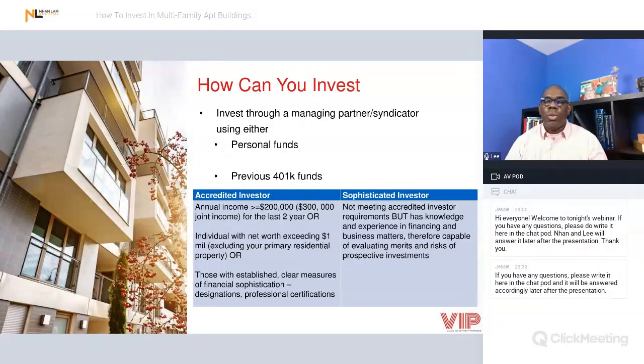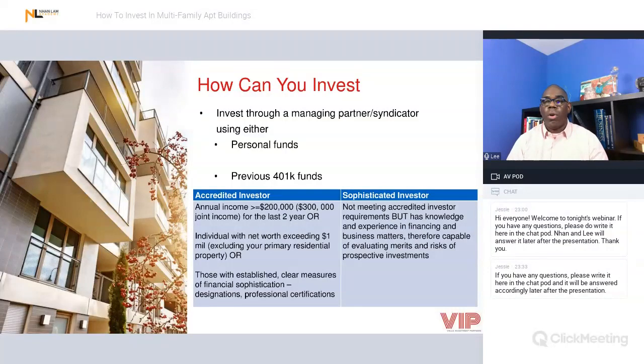You can invest that money either from personal funds or from previously stranded 401ks. In this day and age, we are amongst people who haven't worked at a job for 30, 40, 50 years. But I will explain how, if you've had a job or 2 jobs or 3 jobs that you left behind, you could bring those 401k monies together and make an investment into a syndication.